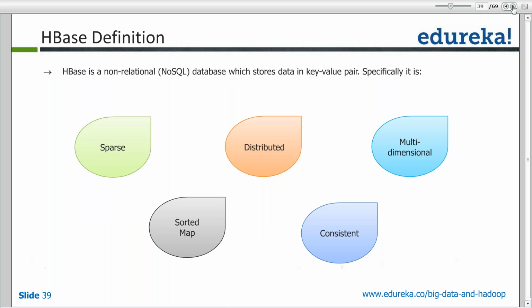So HBase is a NoSQL database which stores data in key value pairs, and it is a sparse, distributed, multidimensional, sorted map, and consistent, right? We'll be talking about all of these things as it comes.